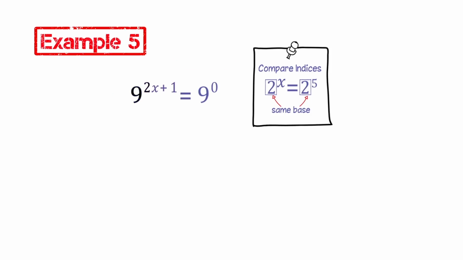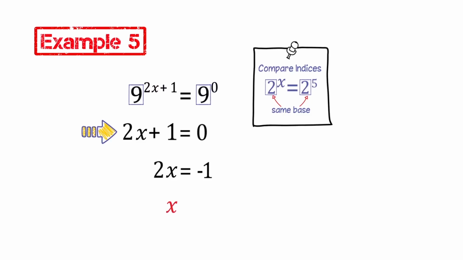Therefore, 9 to the power of 2x plus 1 is equal to 9 to the power of 0. Now that the bases are both 9, we can compare their indices. Thus, we can form the equation 2x plus 1 equals 0, 2x equals negative 1, and finally, x equals negative half.